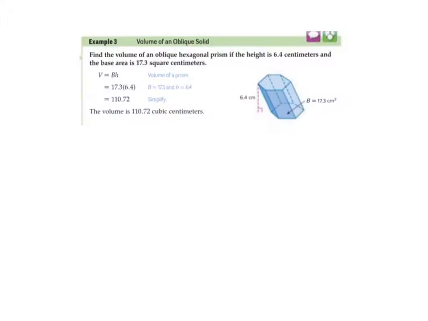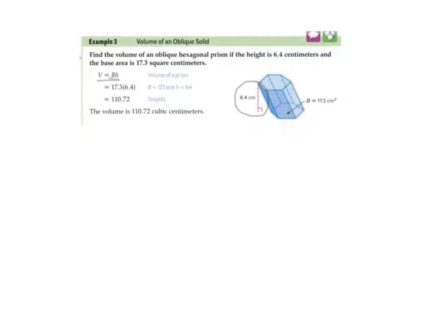Again, just like we did with area in chapter 10, we skip a few examples, so I put them together. In example 3, the volume of an oblique solid, the formula is still the same, but don't forget the height has to be the perpendicular height. In an oblique shape it's at a slant, so you need to find the outside, perpendicular height.